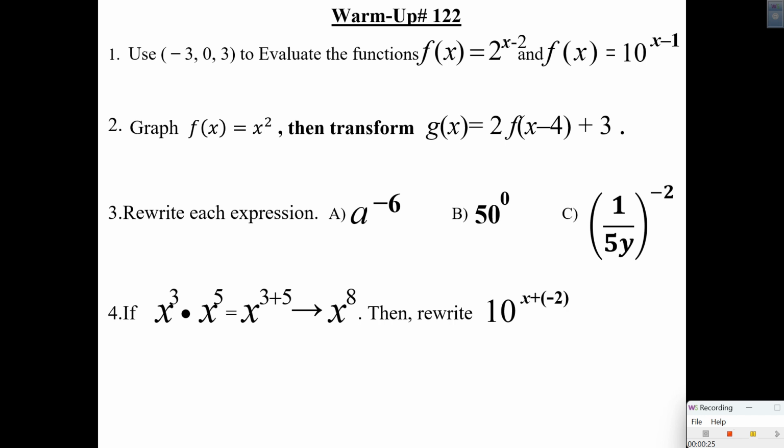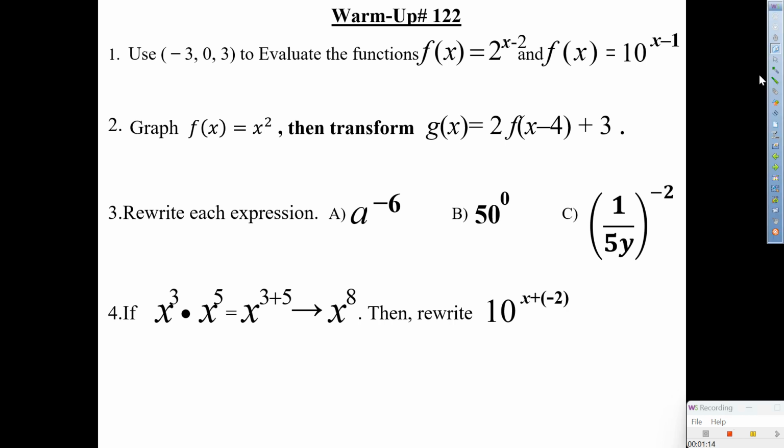Ryland, number 3. And number 4, what do you think, Ryland? Who would you pass that to? To me? All right, so Ryland's doing number 4 as well. All right. 3 and 4.